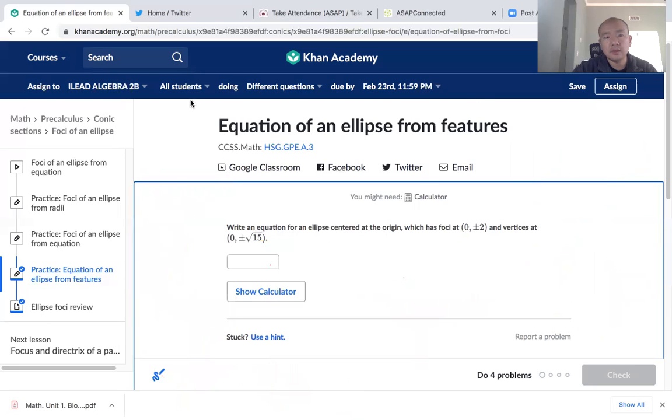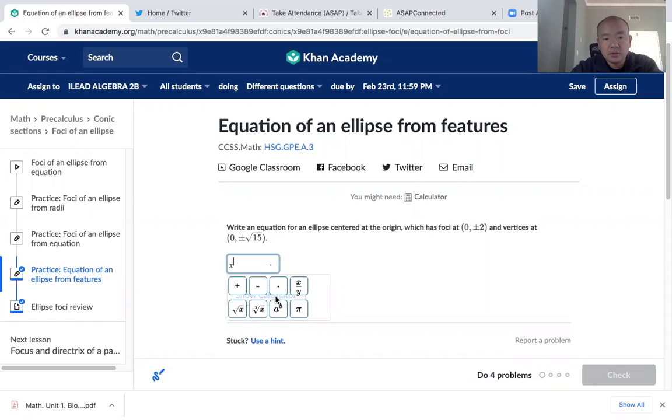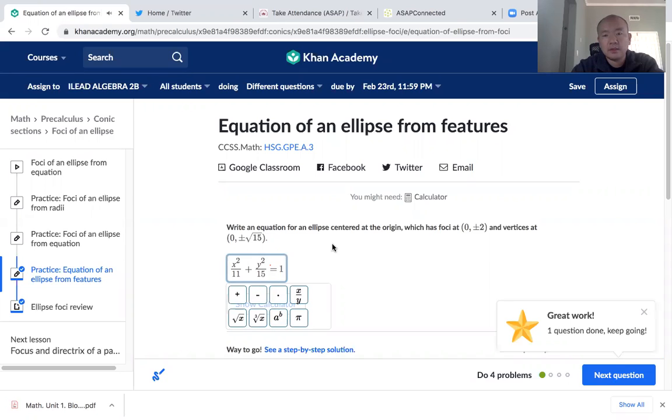So it would be x squared over 11 plus y squared over 15 equals 1. And that's what it is.